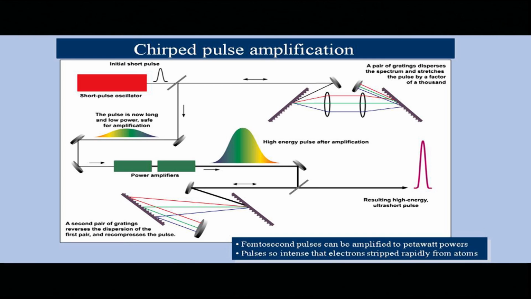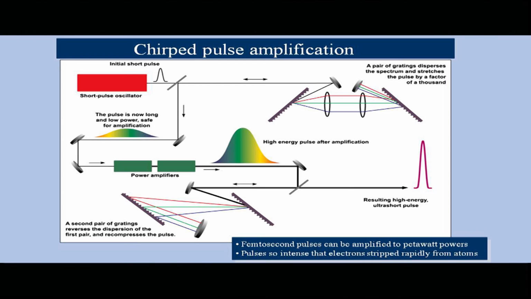So, here is the typical chirped pulse amplification principle that we have today. The oscillator first produces the initial short pulse, which goes through a chirping process to stretch it, then the low power pulse goes through amplifiers to give high energy pulses, and then a second grating pair reverses the dispersion of the first pair.